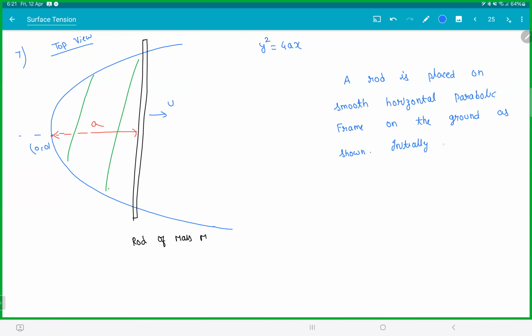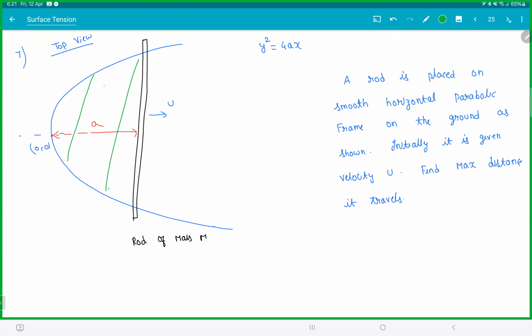Find the maximum distance it travels before it stops. Find the maximum distance it travels.